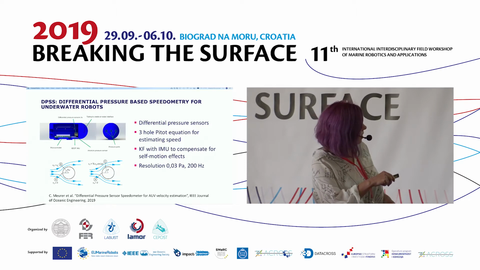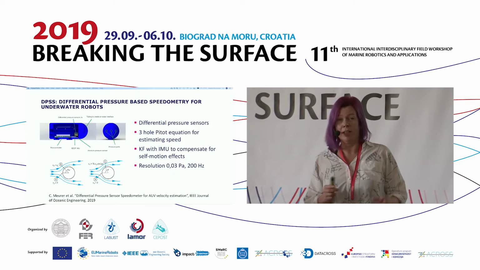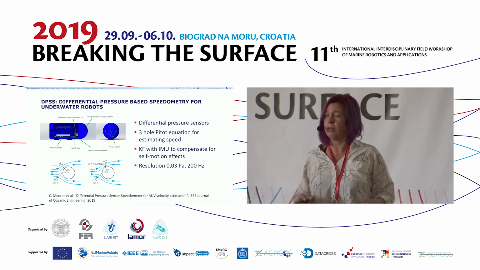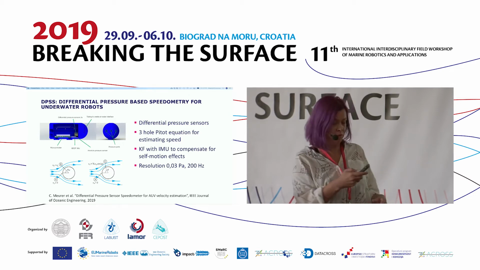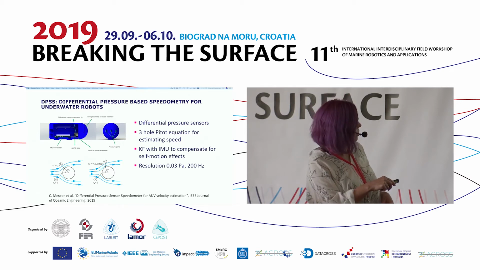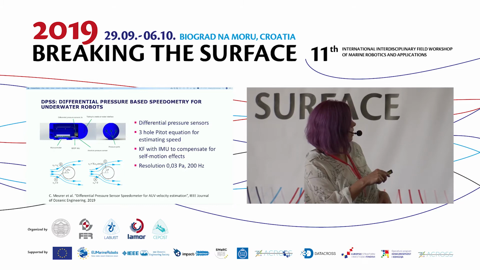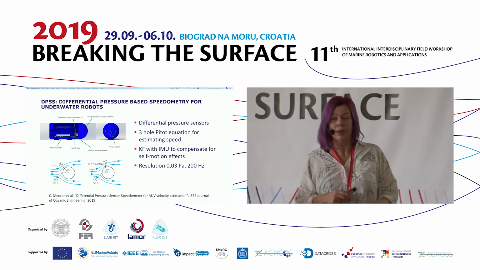If you have a spherical thing like that, it's quite a simple equation called the Pitot equations that helps you derive the free stream velocity from the pressure differences from here.